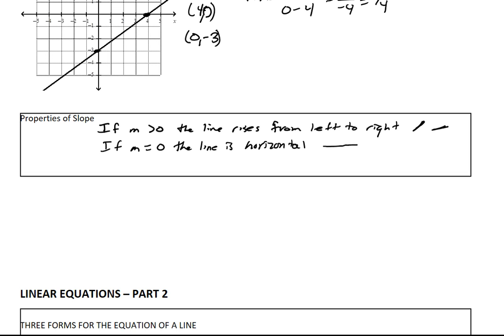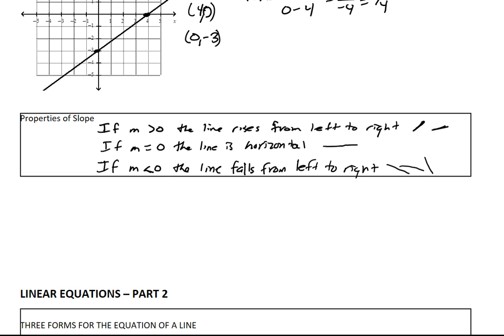And if the slope is negative, the line falls from left to right. So it might go down like this, down steep, very steep.